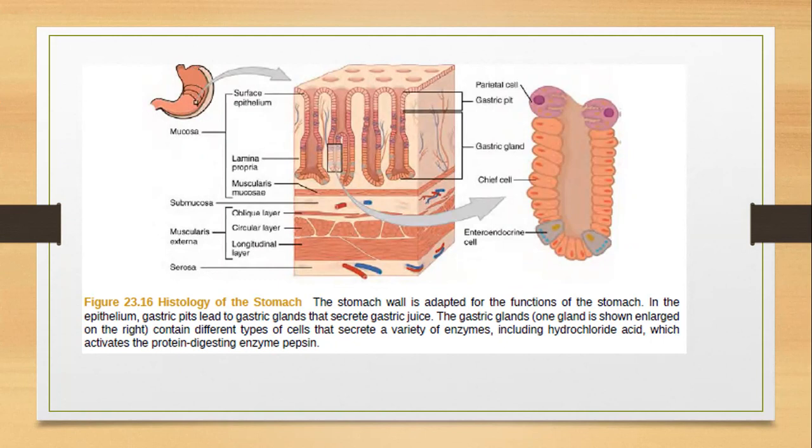Now, when they did that, they realized that people who had that operation would end up becoming anemic. That's when they started realizing there is a connection between the stomach wall and anemia, and it was tracked down to the intrinsic factor.